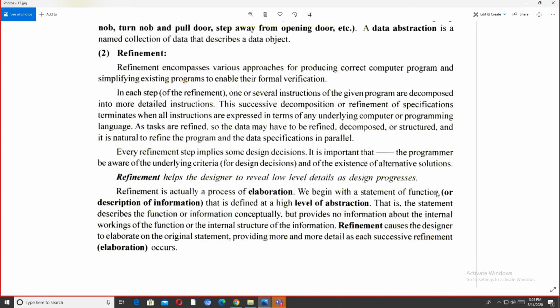Further moving, we can see the refinement. What is refinement here? Refinement encompasses various approaches for producing correct computer programs. So it is basically dealing only with creating a correct computer program. Refinement is working only on the coding aspect of software engineering.